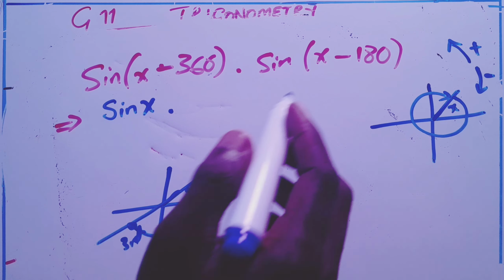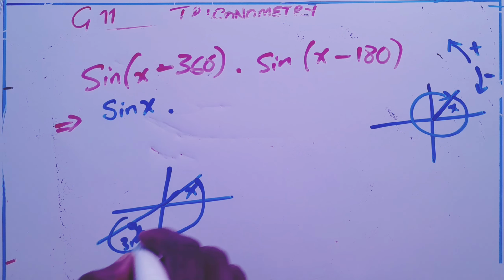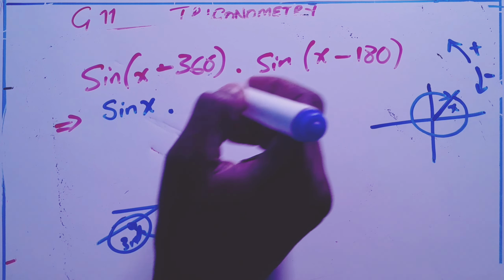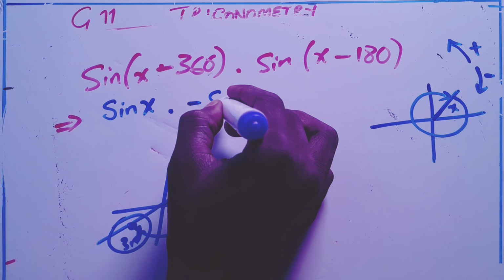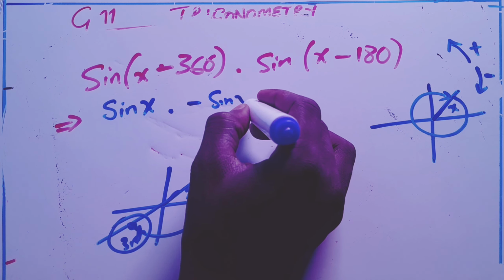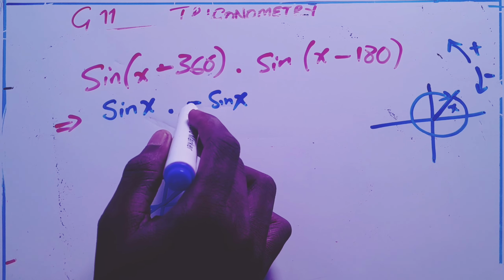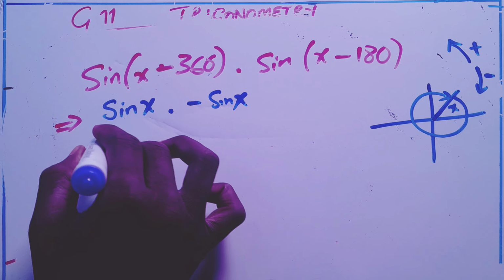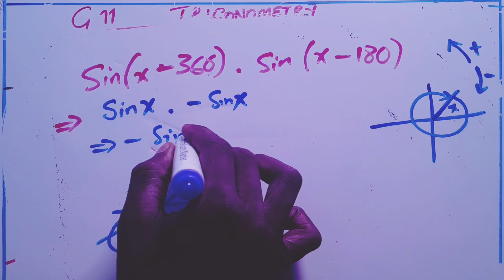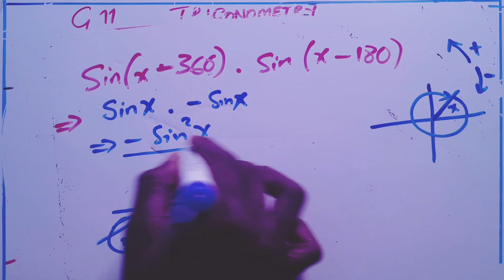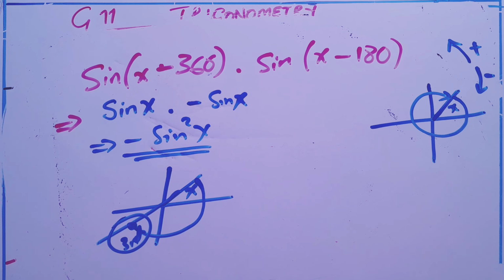Sine is negative in the third quadrant, so this is negative sine x. Sine x multiplied by negative sine x gives us negative sine squared x as our solution. I hope you have seen how we can use that.